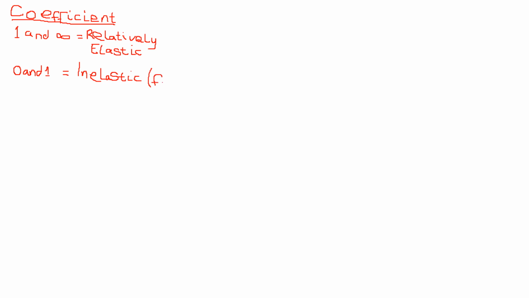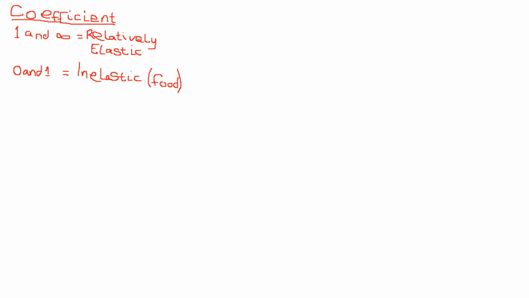Those are the products that normally give us a relatively inelastic demand, because whether the price of food goes up or down, people will still continue to buy. So when we calculate the coefficient, it should be between 0 and 1.